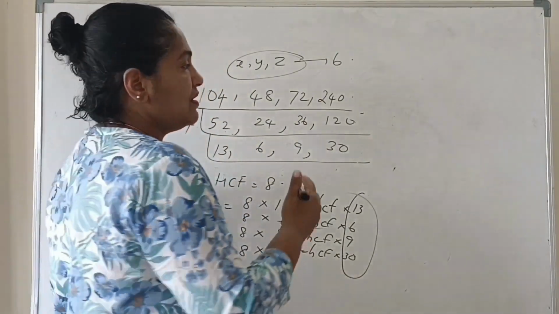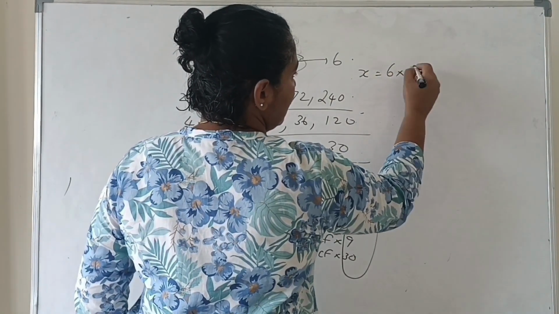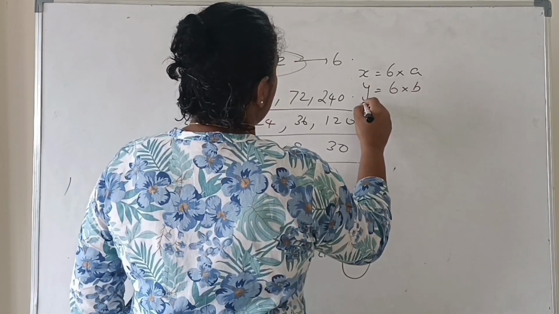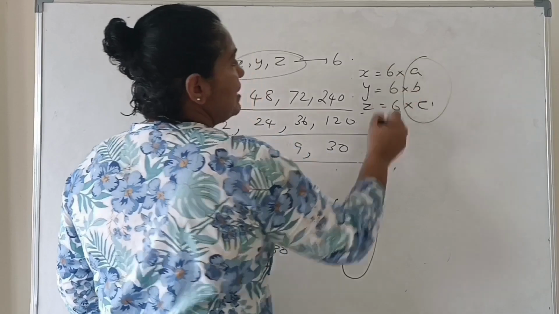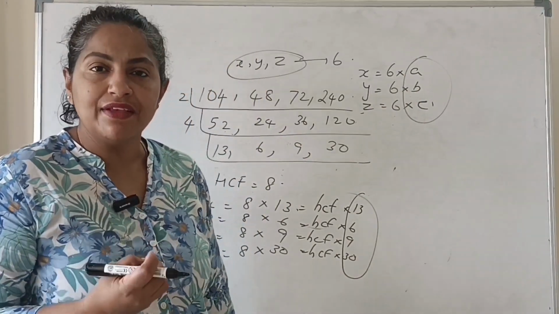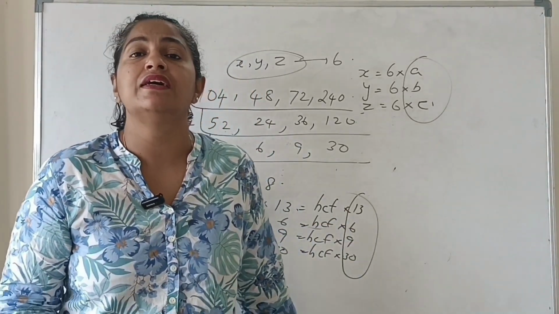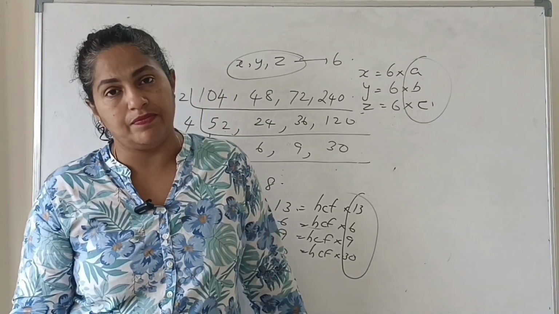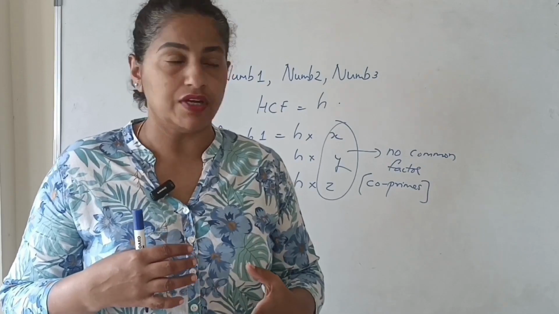We can immediately represent those numbers as: the first number is HCF into A, the second number is HCF into B, and the third number is HCF into C, where A, B and C are co-prime. So any set of numbers with a given HCF can be represented in terms of the HCF and numbers that are co-prime.